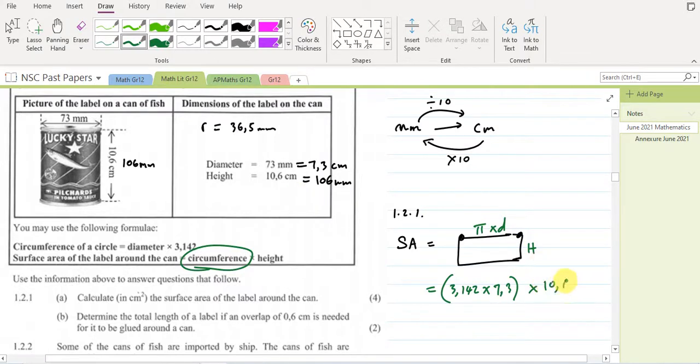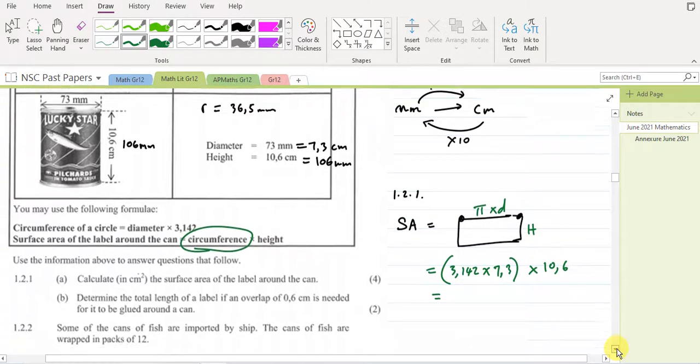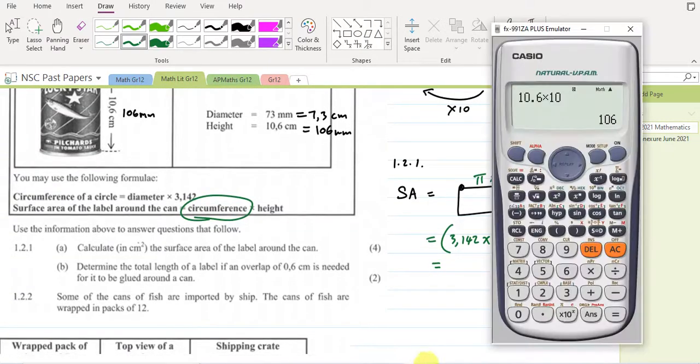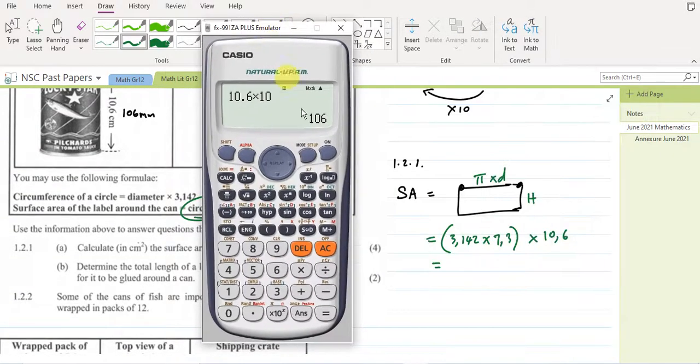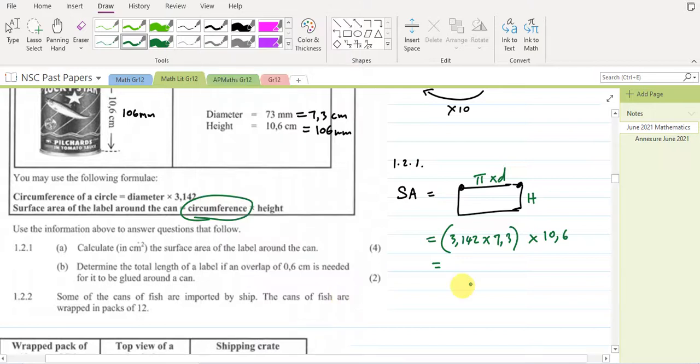The height is 10,6, because we want everything in centimeters. If we calculate 3.142 times 7.3 times 10.6, my answer is 243,13 centimeters.